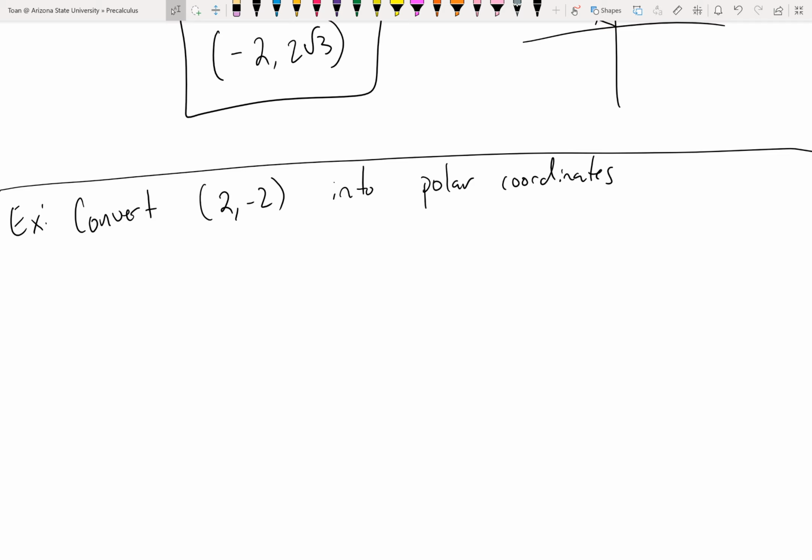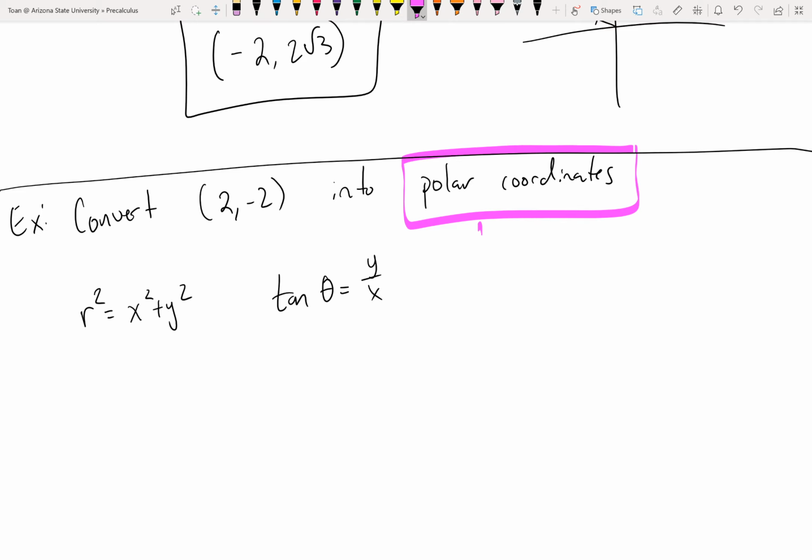So from the above, we know that r squared is x squared plus y squared, and if you take the tangent of the angle, it's y over x. So these should give you equations, starting points to solve for r and theta, because that's what they want. If I ask you for polar coordinates, I'm asking for r comma theta.